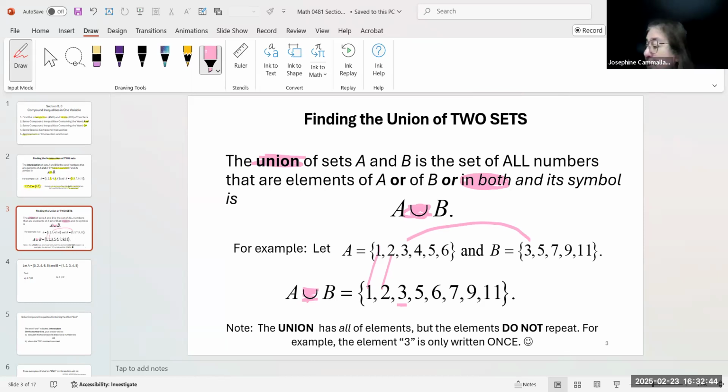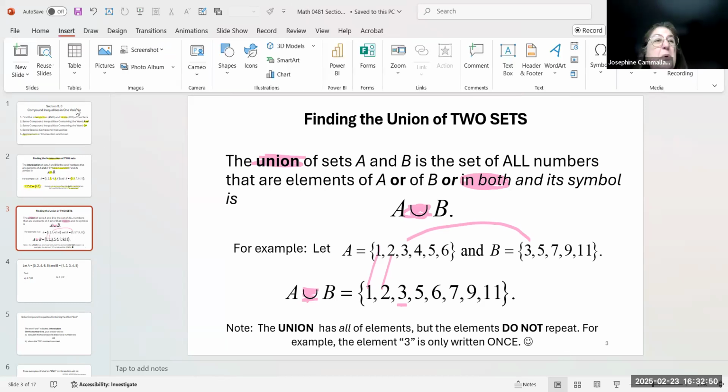Oops, forgot a number here. Should have put a 4 in here. Yeah. Forgot my 4. Okay. Then it's 5, 6. Now notice 5 only gets done once. Okay. And then we have 6, 7. Now there's no 8, but I have a 9 and a 10.